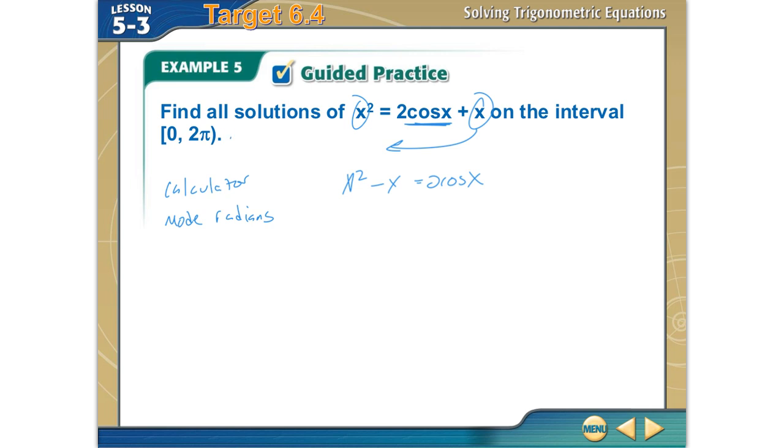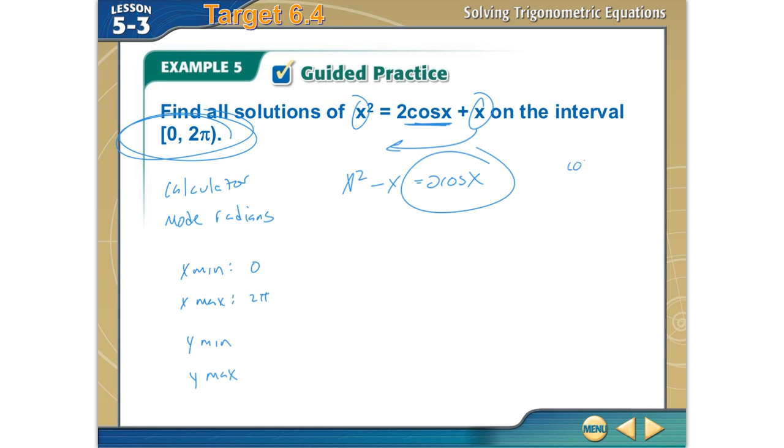And we are given the interval 0 to 2 pi, so our x values are going to go from 0 to 2 pi. Again, we don't have to worry about the scale. For our y values, we need to think about what's happening with our cosine. Cosine of x normally goes from a high point of 1 to a low point of -1.